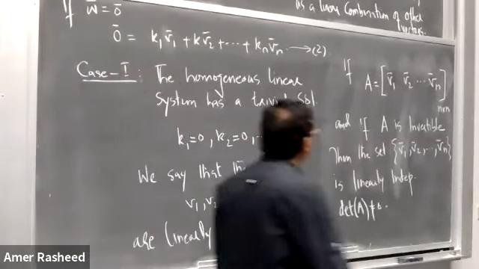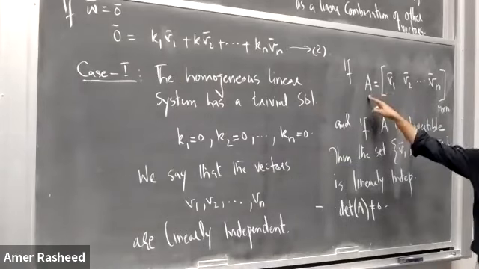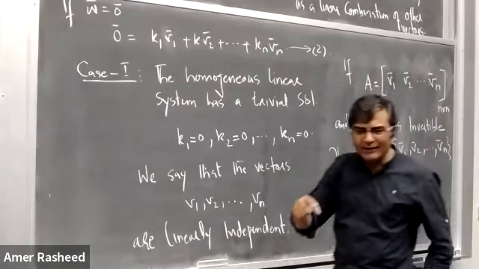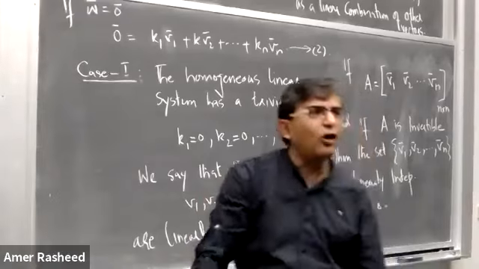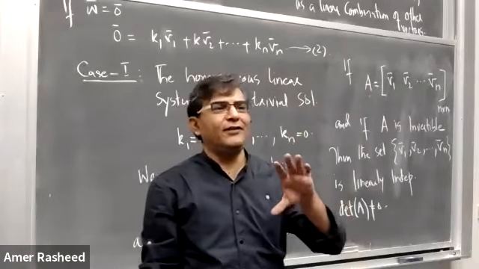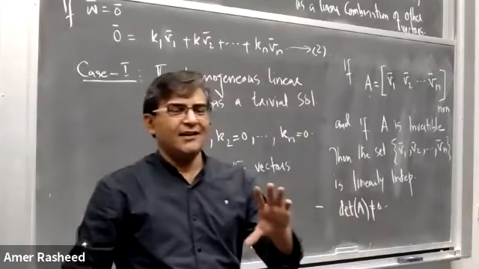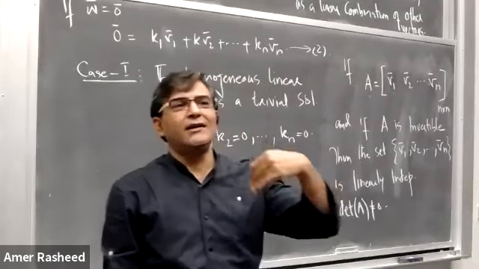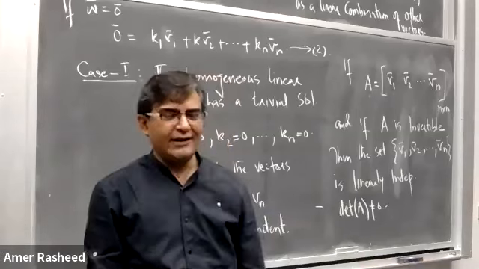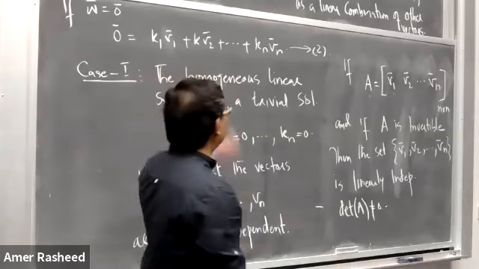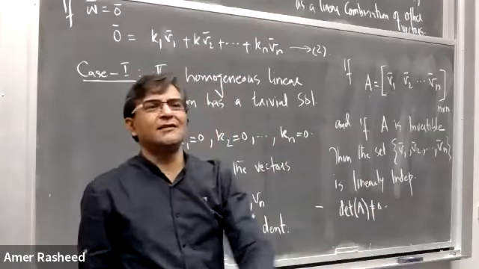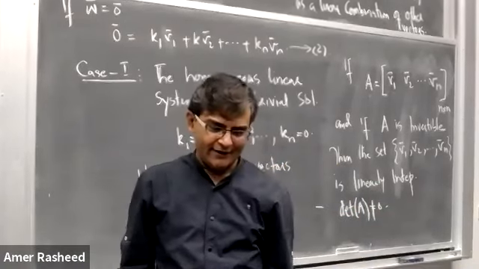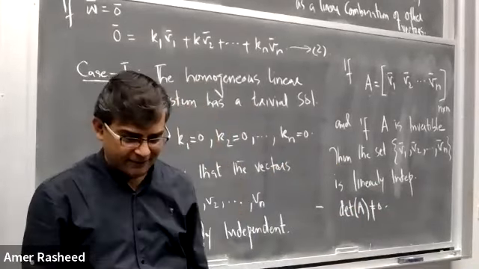If the pivot elements in the echelon form of this matrix A, number of pivot elements is equal to n, means is equal to the order of this matrix, then again we can say that the set of these vectors is linearly independent. I hope you remember this thing.